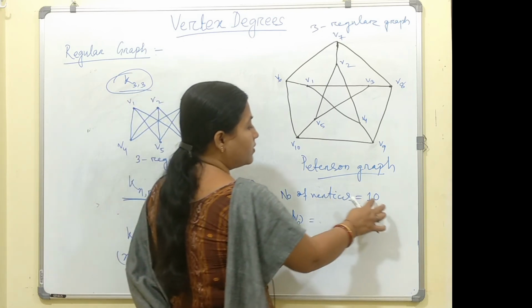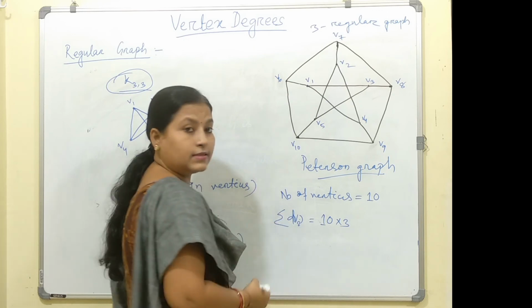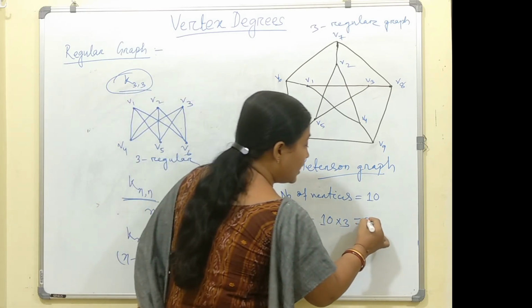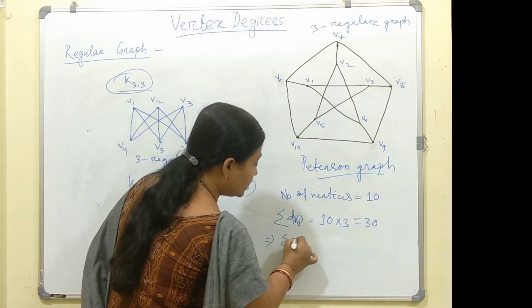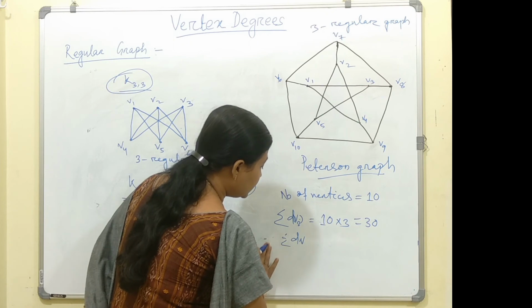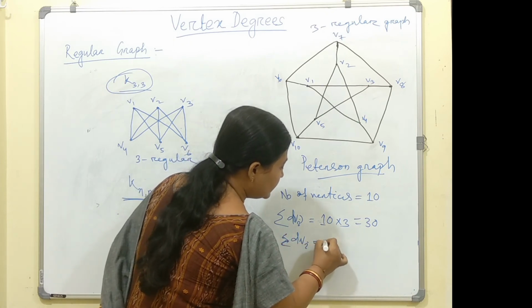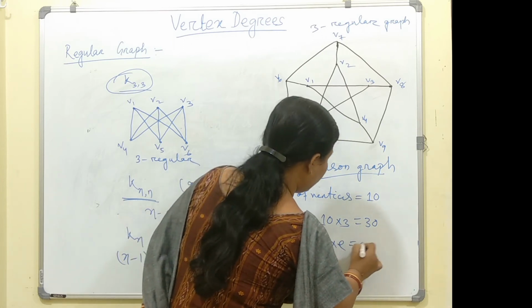So the number of vertices is 10 and the degree of every vertex is 3, so the summation of degrees of vertices is 30. From the handshaking theorem, we know that the summation of degrees of vertices is equal to 2 into the number of edges, that is 2E equals 30.